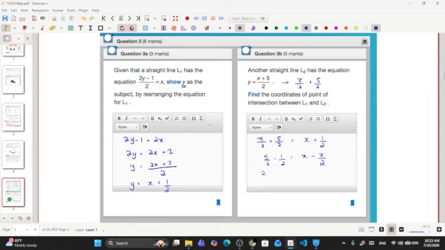If someone wants to solve it without using the calculator, they can do it like this: 2.5 minus 0.5 equals 0.5x. 2 equals 0.5x and 4 equals x, because we had to find the value specifically of x. Coordinates means the answer should be in the form of x comma y.